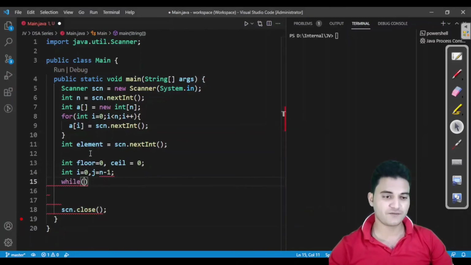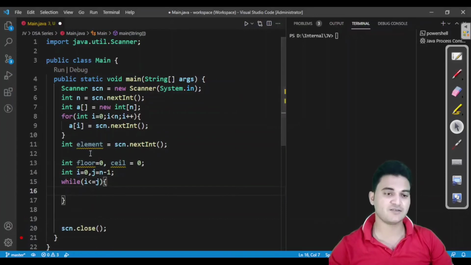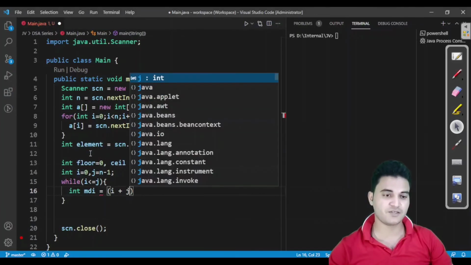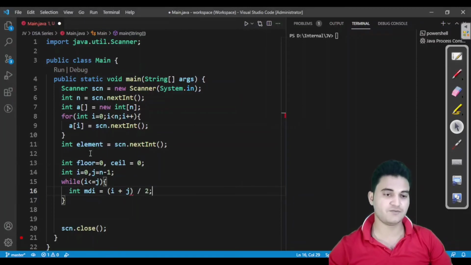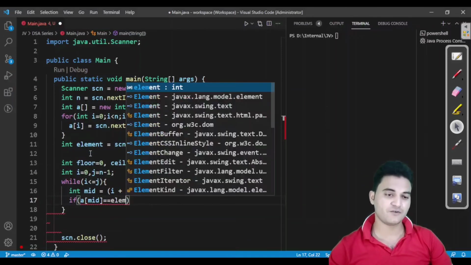Now we have to write the binary search condition, which is i less than or equal to j. You have to calculate the mid, which is (i + j) divided by 2. You have to check whether A of mid is equal to the element you are searching for.